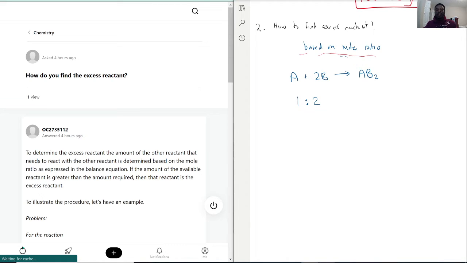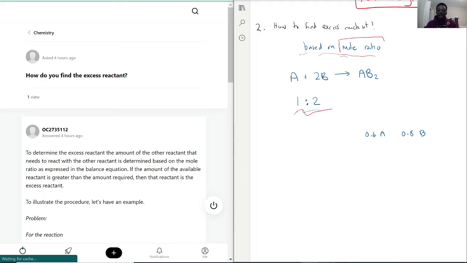So if somebody said that, oh, I was given 0.6 moles of A and 0.8 moles of B, yes, B has more moles present, but it wouldn't be excess reactant. We want to see if it still has that ratio of 1 to 2.